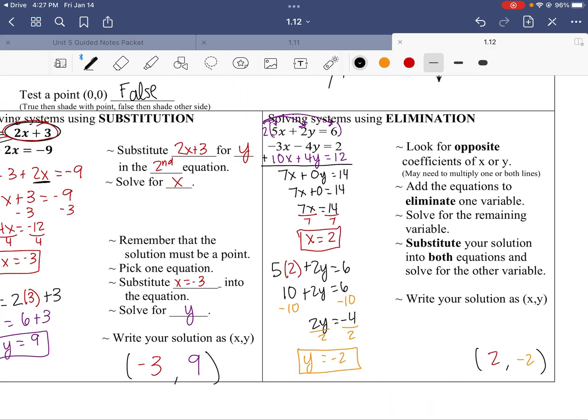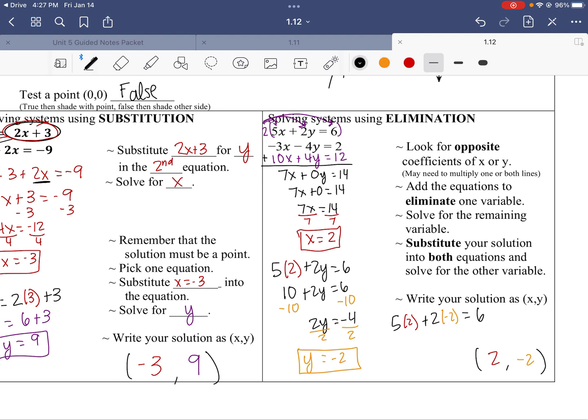If we do the top one, we would get 5 times 2 plus 2 times -2, and that should come out and equal 6.